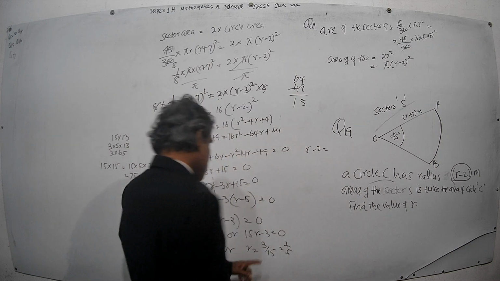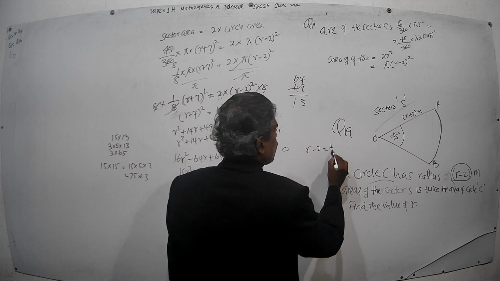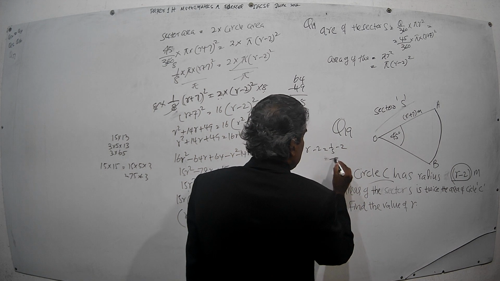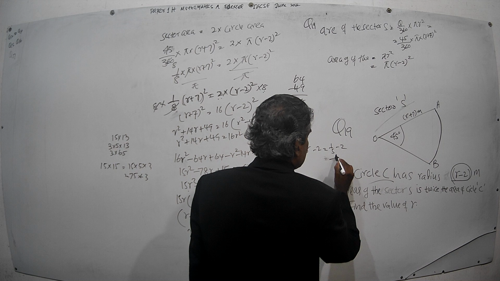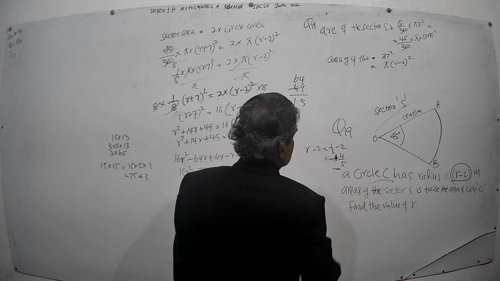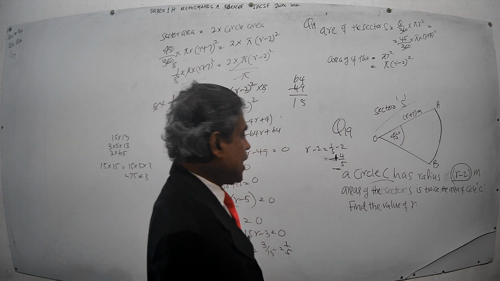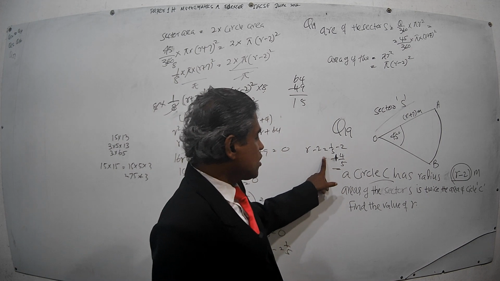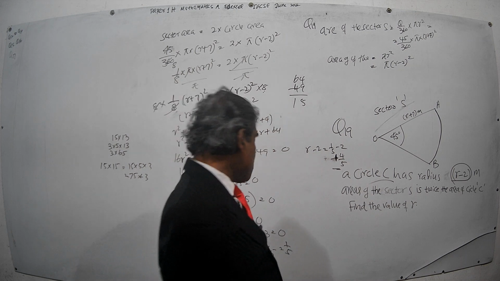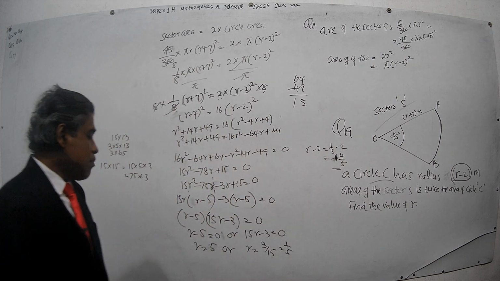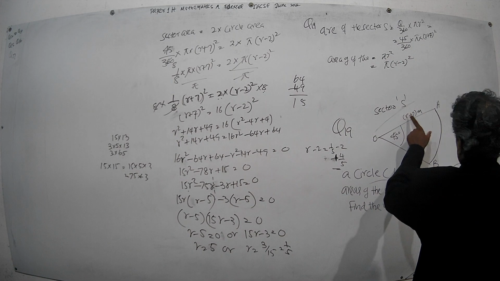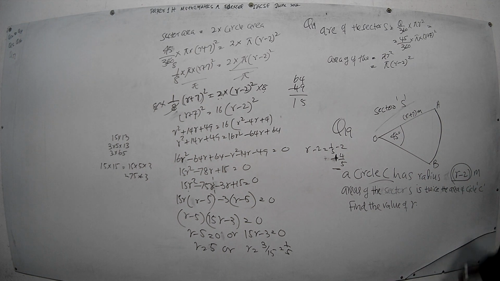If you substitute 1 over 5 into this, 1 over 5 minus 2 will definitely be negative, minus 1 and 4 over 5, but a radius cannot be negative. So 1 over 5 cannot be used. Therefore we can use only r equals 5 for both. Here we put 5 plus 7, 12. Here 5 minus 2, 3.